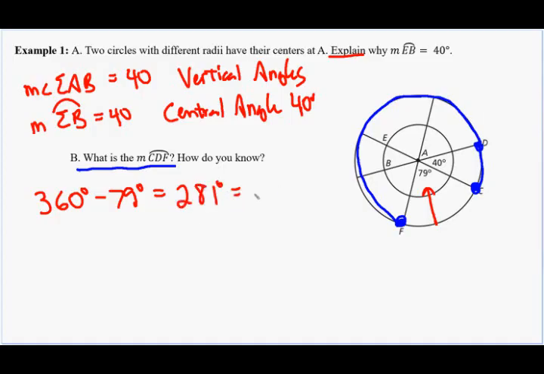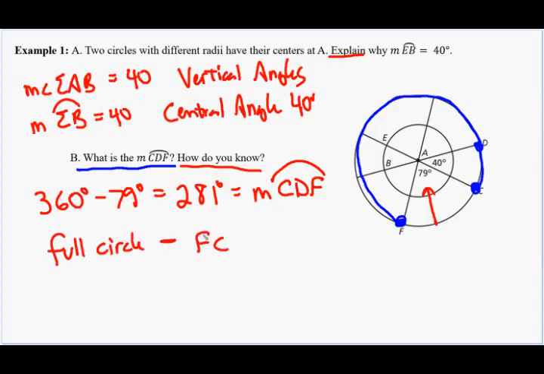And that is equal to the measure of arc CDF. So again, the explanation, or the how do you know, we would do a full circle minus arc FC. And FC, again, was our 79 degrees.